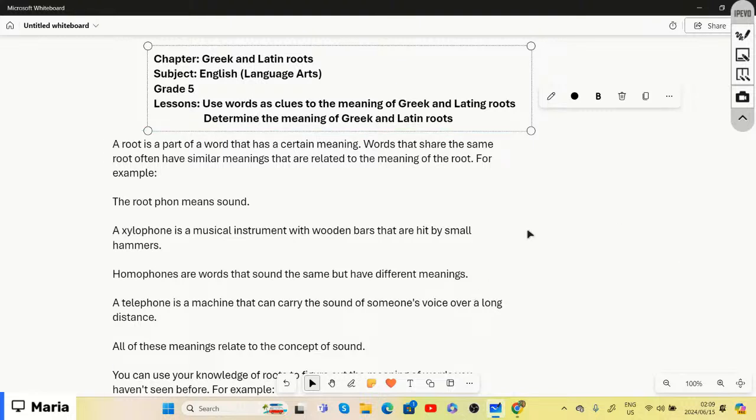All right. So we see that the root is a part of the word that has a certain meaning, and words that share the same root often have similar meanings that are related to the meaning of the root. And if we are going to look at a few examples now, it says a xylophone is an example of.